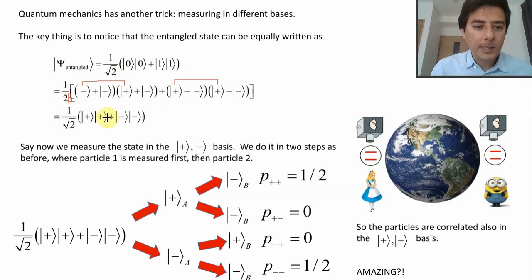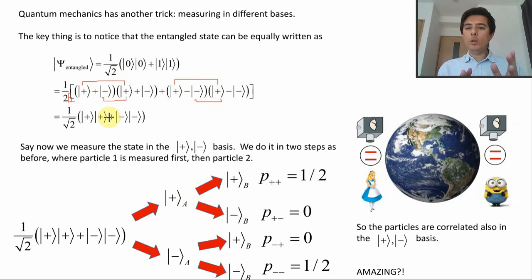That becomes plus-plus, but states like plus-minus have a plus sign in front of one term and a minus sign in front of the other, so they cancel and do not appear in the final combination. So this is a mathematical equality where you can write this entangled state in the plus-minus basis, and it looks exactly the same as before, just with the plus-minus versions.